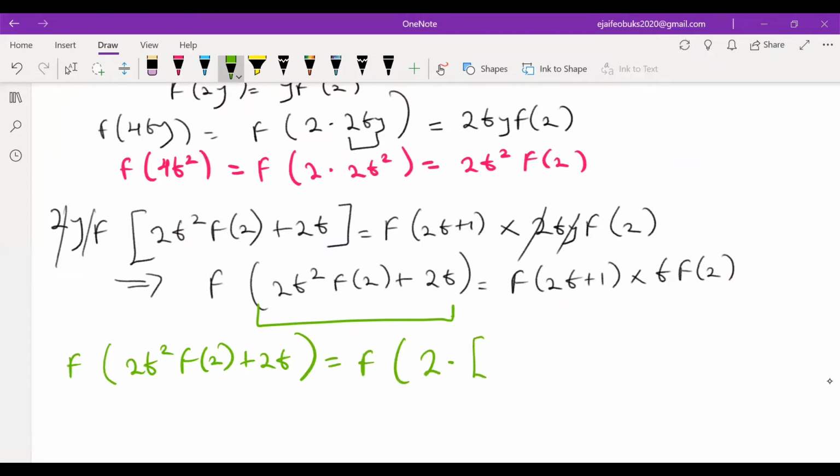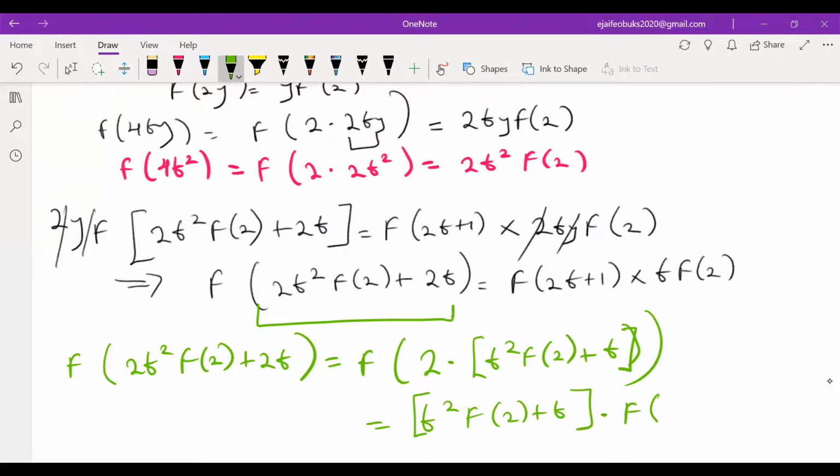So this becomes t squared f of 2 plus t. And from our equation star, we know that this is the same thing as t squared f of 2 plus t times f of 2.